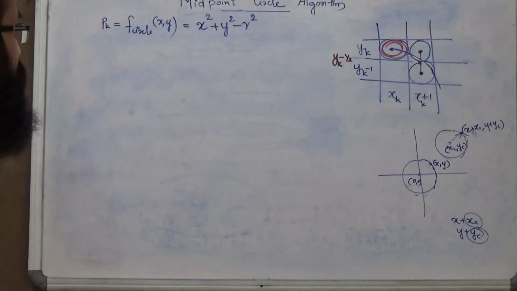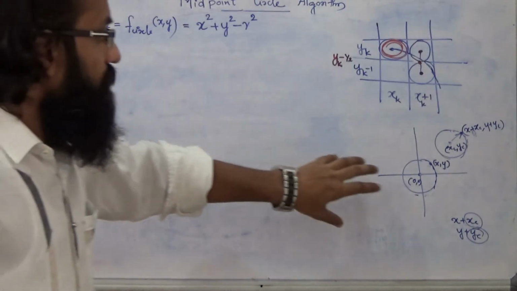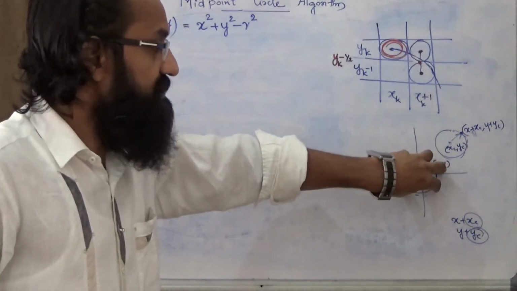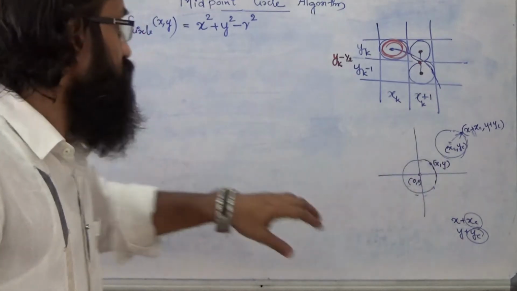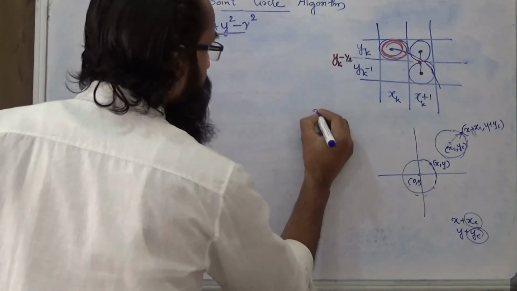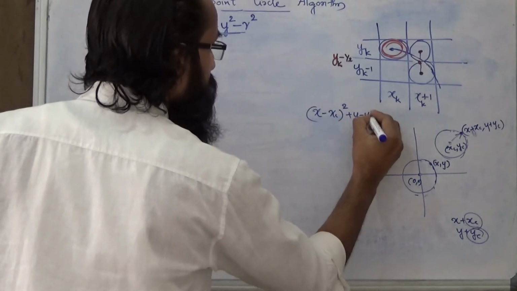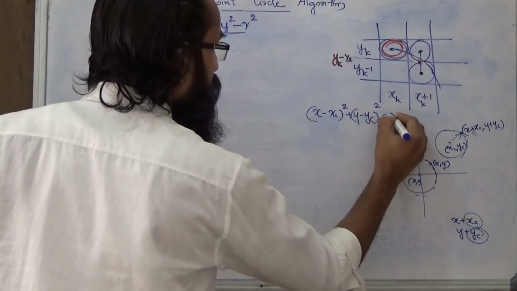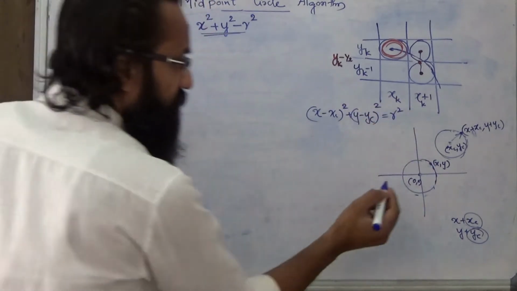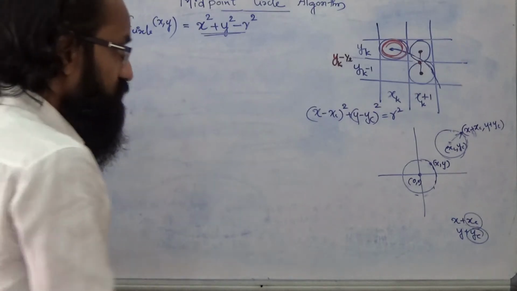So here this circle function is based on the points on the circumference of the circle centered at 0, 0. And this is based on the Cartesian coordinate equation x minus xc the whole square plus y minus yc the whole square equal to r square. As I said, we are going to determine the points on the circumference of the circle centered at 0, 0.